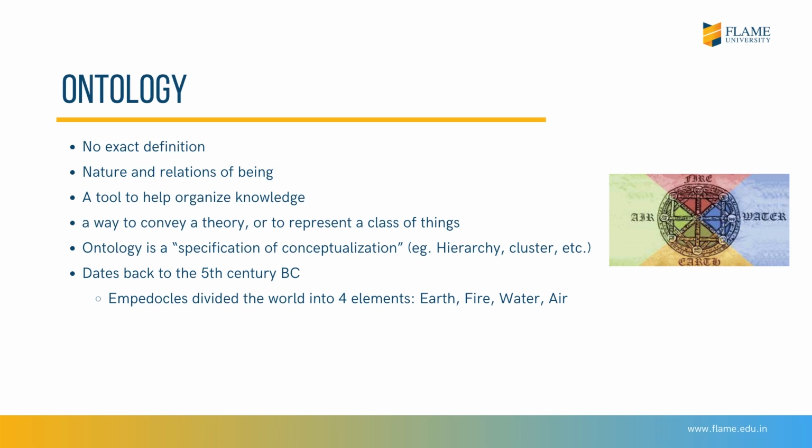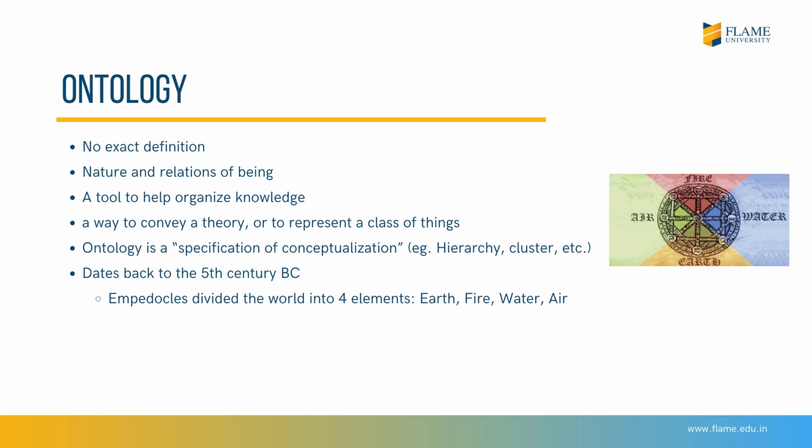So, ontology then becomes a specification of conceptualization. Now, how we conceptualize matters. And this conceptualization goes a long way to define whether we would put a particular data representation in a hierarchy, or in a cluster, or in a category.